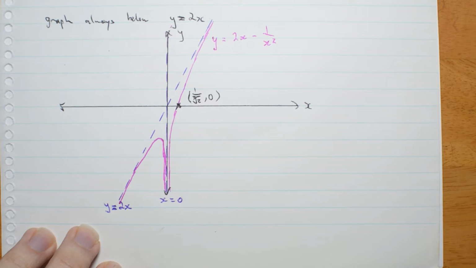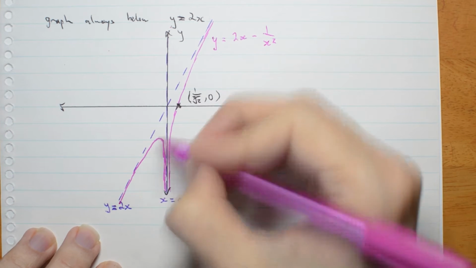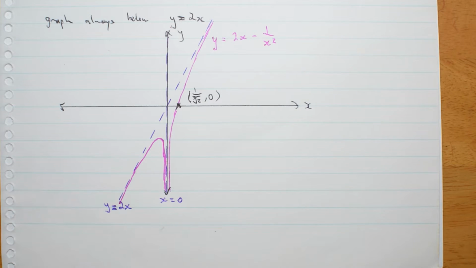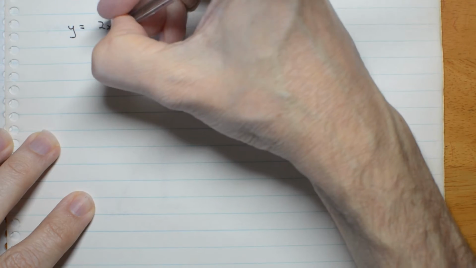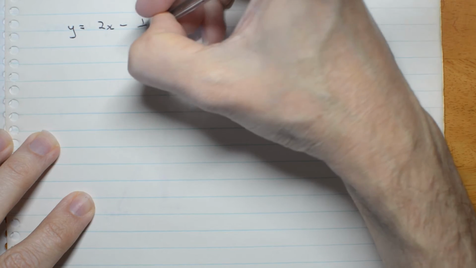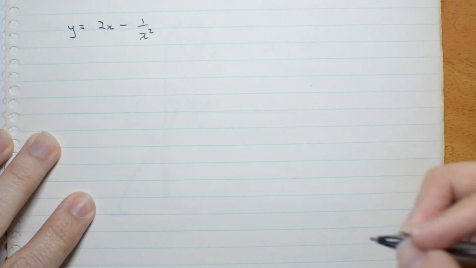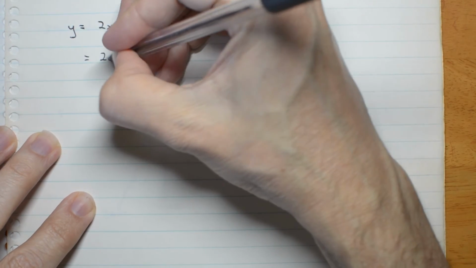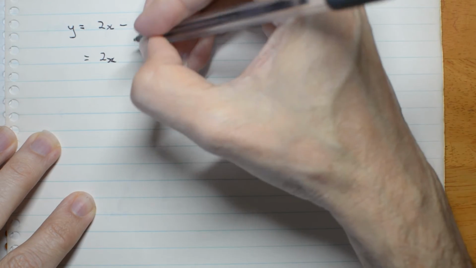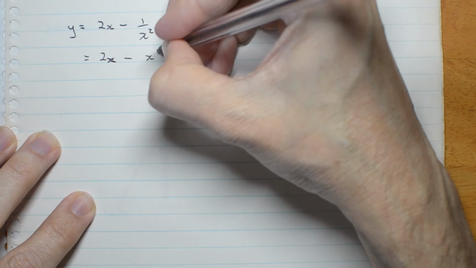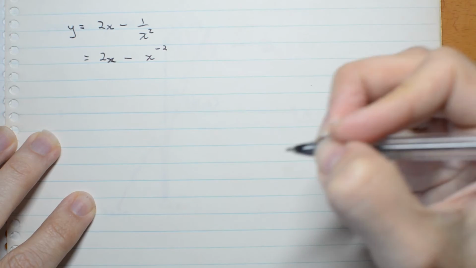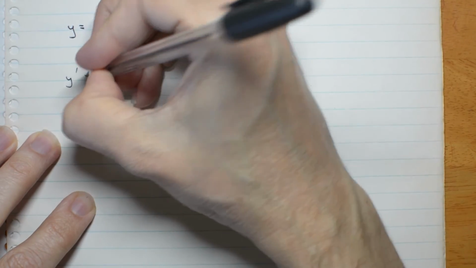I would really like to know the coordinates of this turning point. Let's see if I can work them out. 2x minus 1 over x squared. As usual, I'm going to write that with powers of x on the top, x to the negative 2, so I can differentiate more easily.